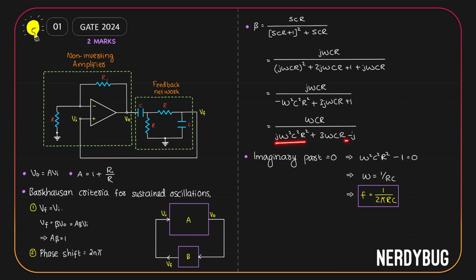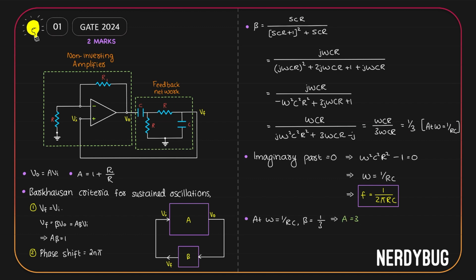So this term becomes 0. That means beta simply becomes omega Cr divided by 3 omega Cr, which is equal to 1 by 3. Now the first condition for sustained oscillations is that A beta should be equal to 1. If beta is 1 by 3, that means A should be equal to 3.